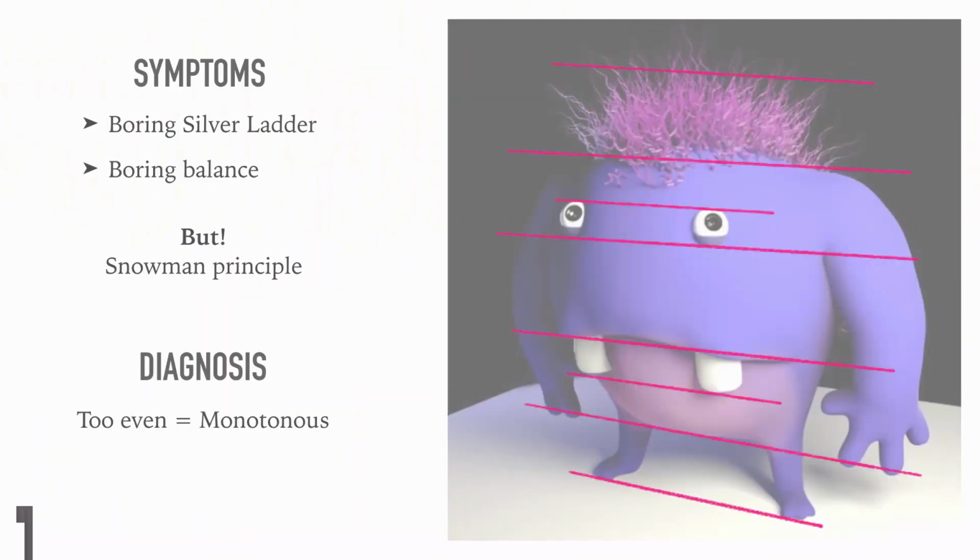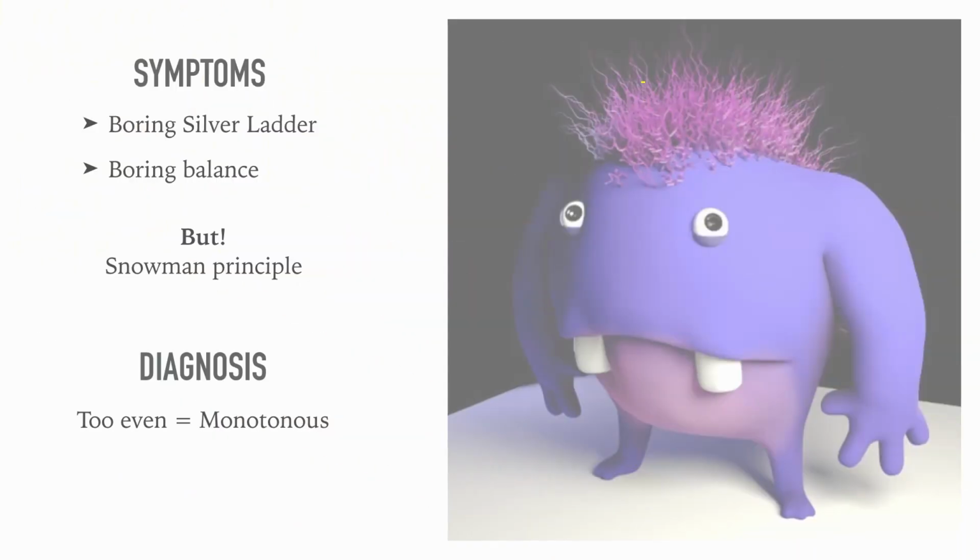The silver ladder is when we divide our characters with lines either horizontal or straight, and if the distribution of the lines is too even, too repetitive, the same size, then we know that the distribution is too boring. And we can see here that we got this main size repeated over and over again, and the only difference is the half of that size. So that's why this is a boring silver ladder.